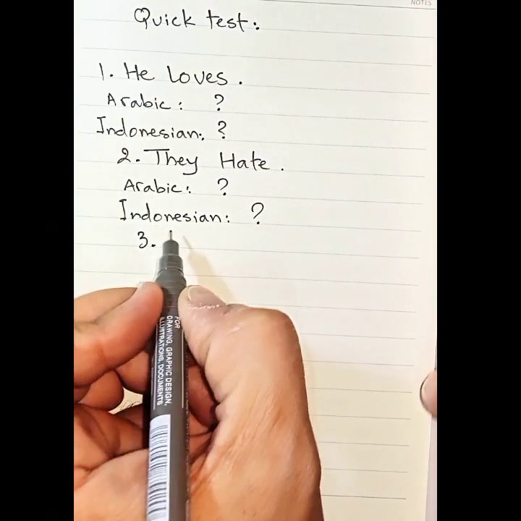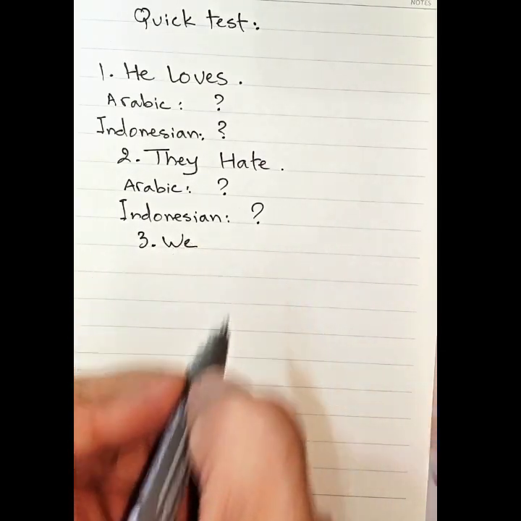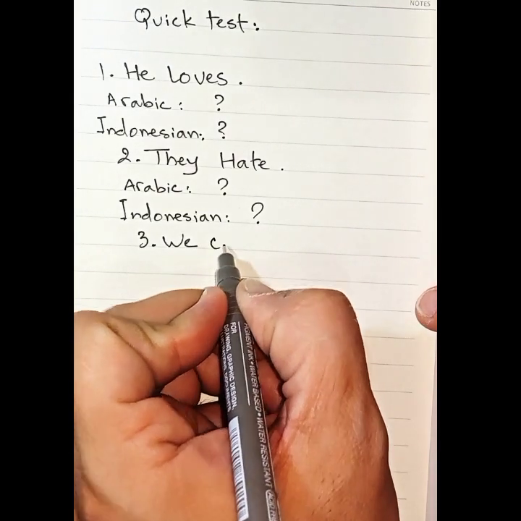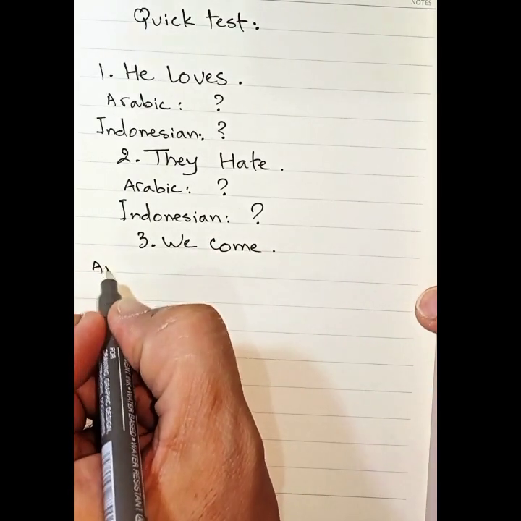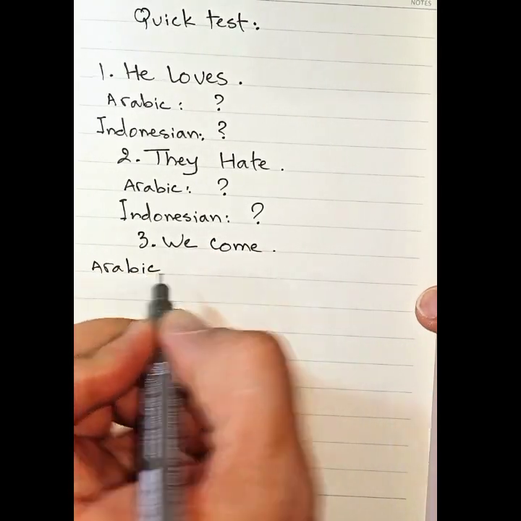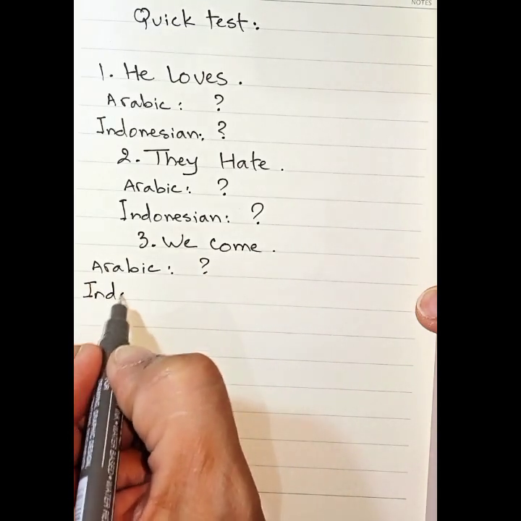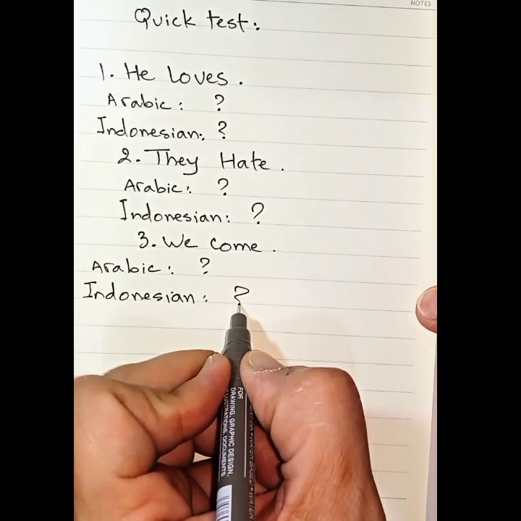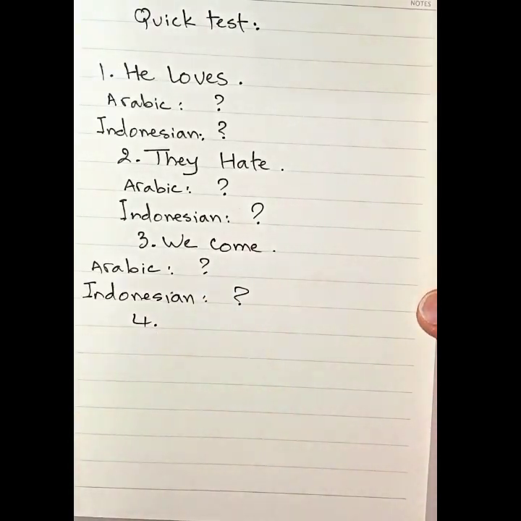Again, we change the subject. Let's use we. We, and the verb is come. We saw that yesterday. What is the Arabic for we come? And what is the Indonesian for we come? Write in a comment, please.